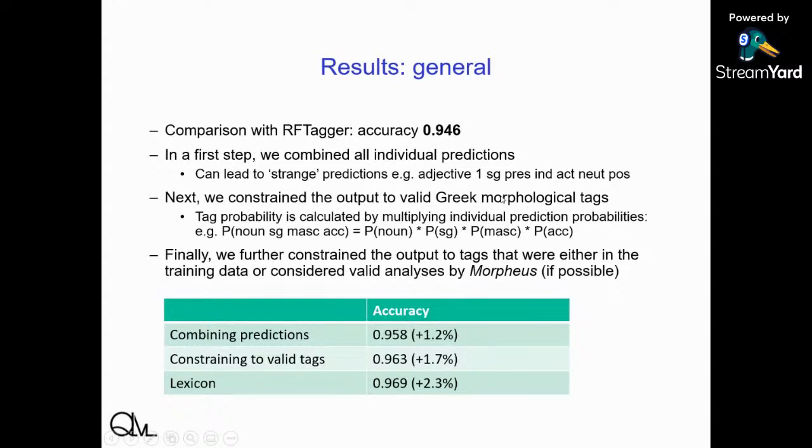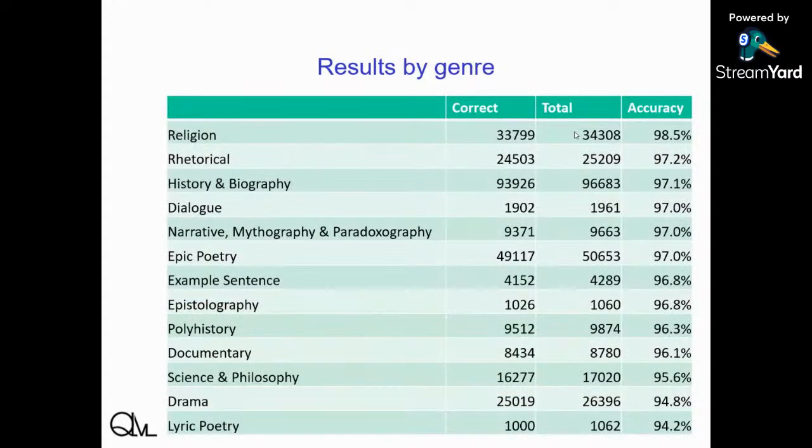And then we further constrain the output with the analysis of morphs, so with such a morphological lexicon, and then we see that we gain quite a big improvement. So in our final step at the bottom of the table with our original tagger, the error rate is almost cut in half.